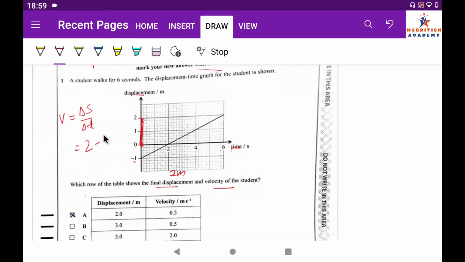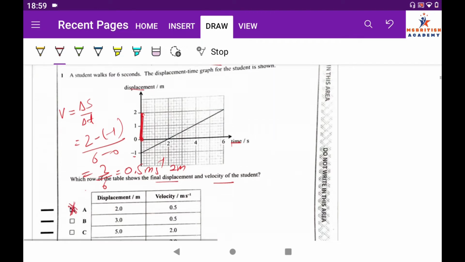So 2 minus of minus 1, over 6 minus 0, so 3 by 6, and from here we get 0.5 meter per second. So displacement is 2 meter and velocity is 0.5 meter per second. So from here we got A as the right answer.